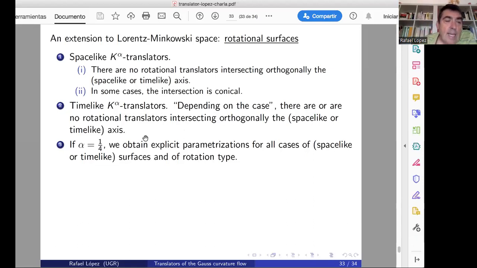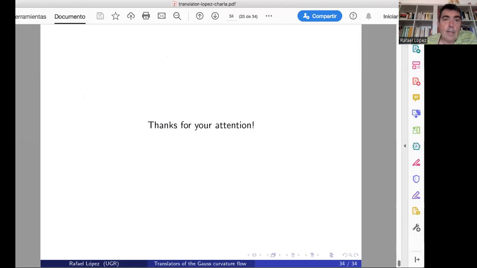And in this special case, when alpha is 1/4, you remember it's special because the equation simplifies a lot. In some sense, the denominator almost disappears, and then you obtain an explicit parametrization of the surface. I think that this is all. Thank you.